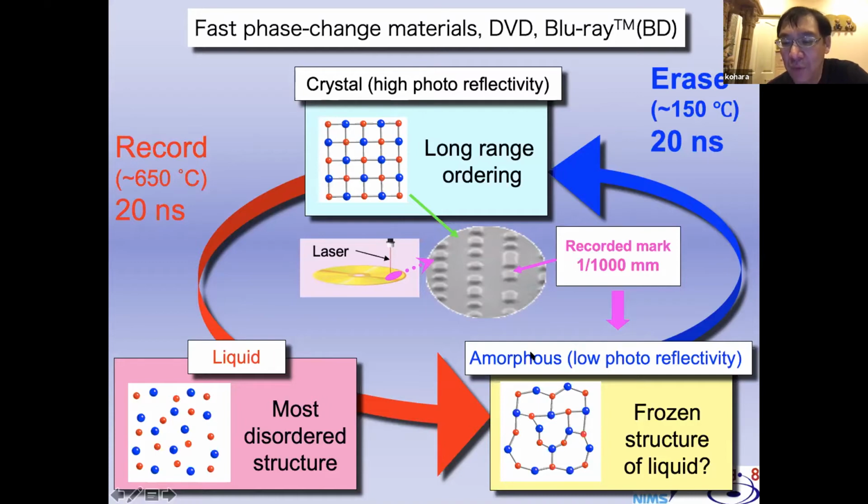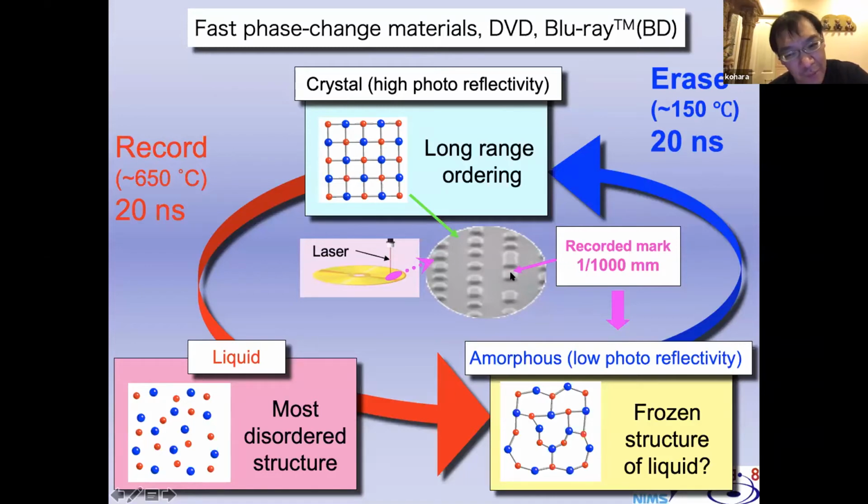And the amorphous phase is transparent to the laser, so photoreflectivity becomes lower than the crystalline phase. And this difference in photoreflectivity can recognize data. So this is a recorded mark. This is the amorphous phase, some small mark.